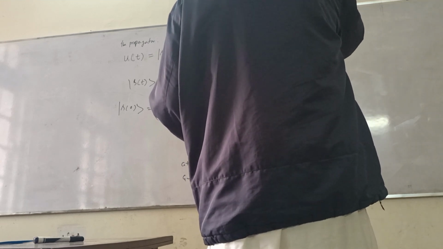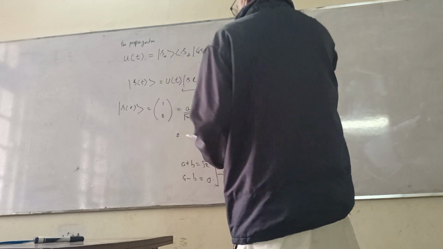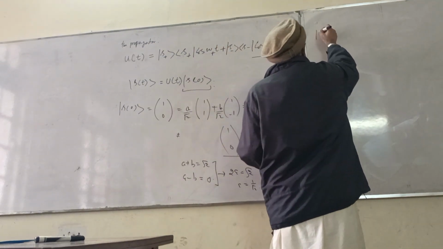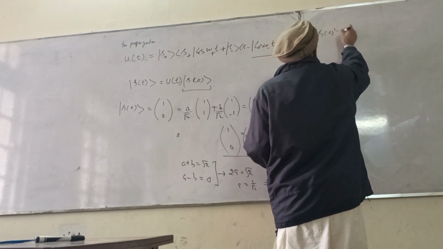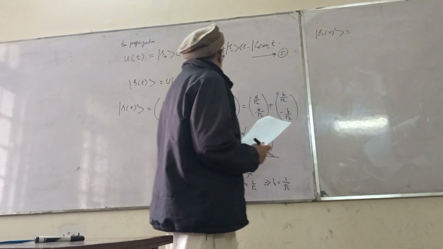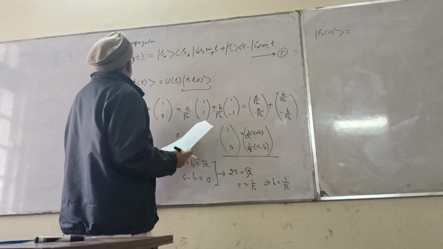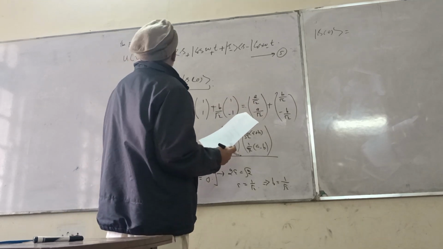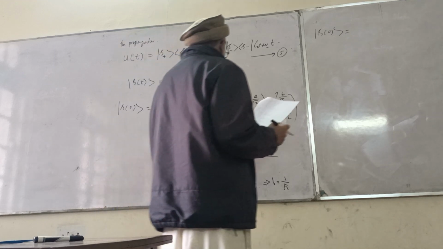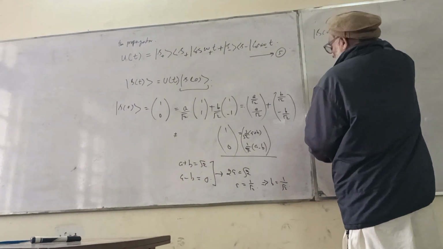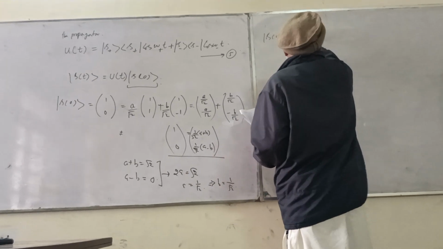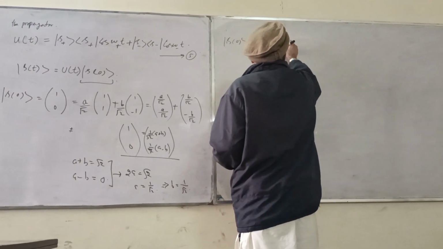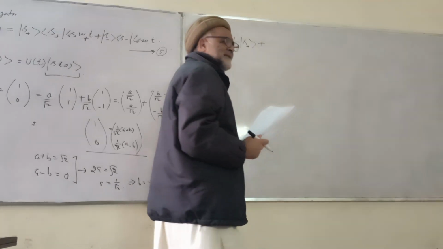I can write the initial state, right? I can write this initial state instead of A, this one. Now then, the A position will be 1/2 square root, and S plus, right?